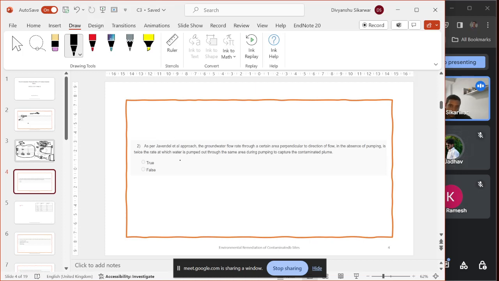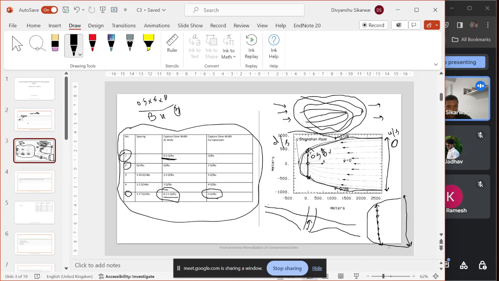The second question is on the same concept. The groundwater flow rate through a certain area perpendicular to the direction of flow. So let's assume this is the figure.